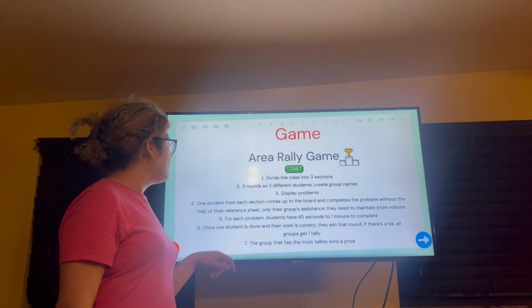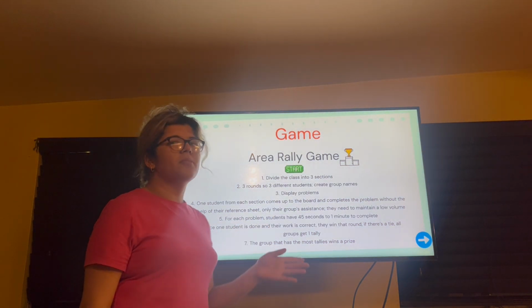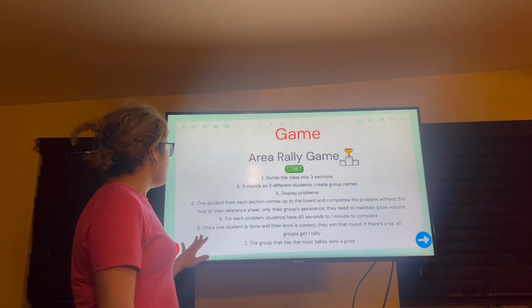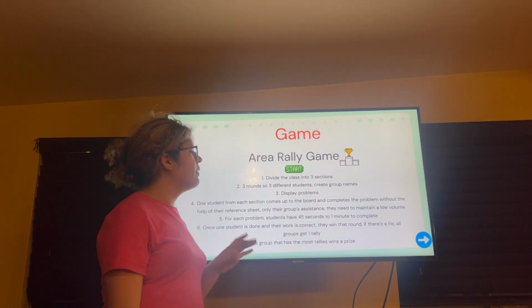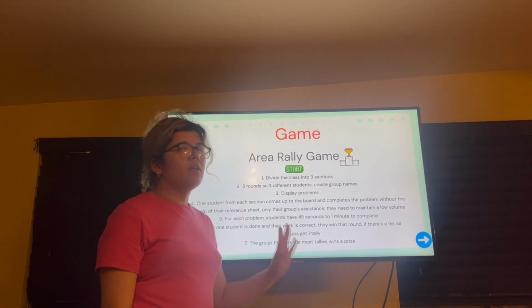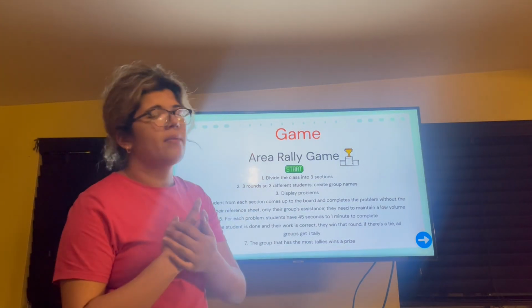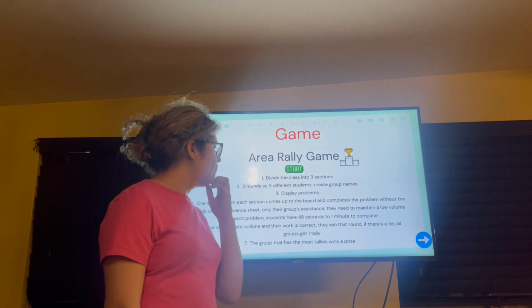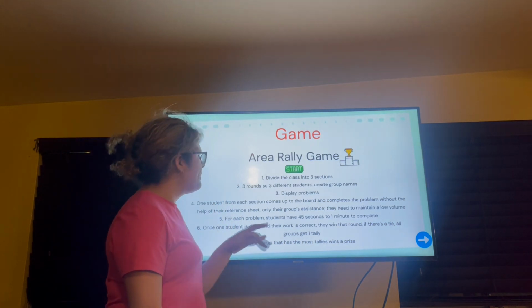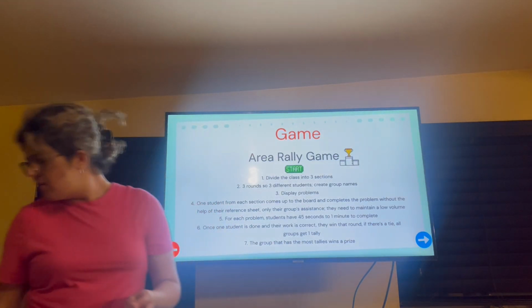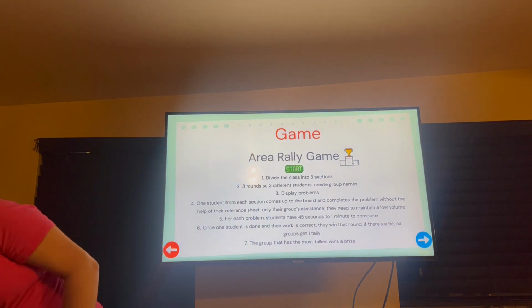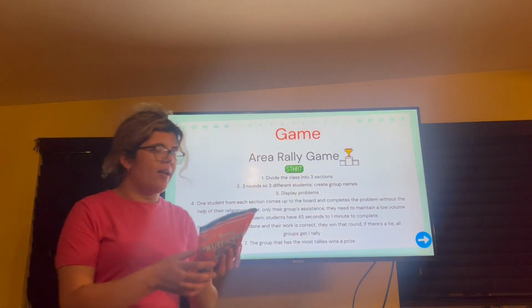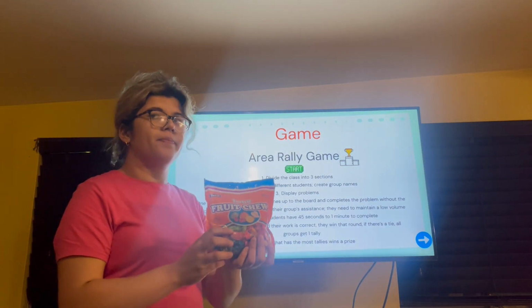Students have about 45 seconds to a minute to complete this. Once one student is done and their work is correct, they win that round. Only when all of their work is correct can they win. If there's a tie, all groups get 1 tally. The group that has the most tallies wins the prize, which is something as fun as a cookie of their choice.